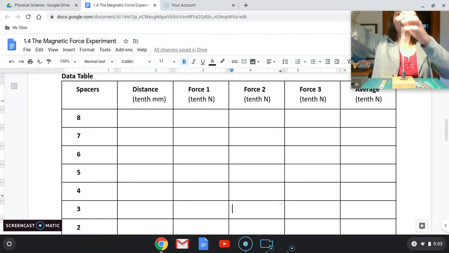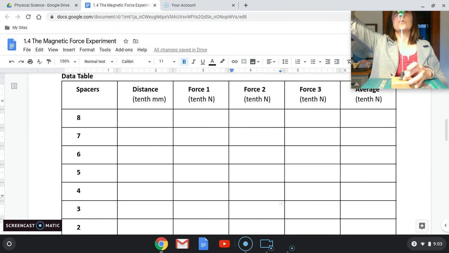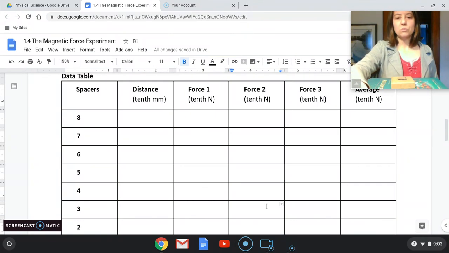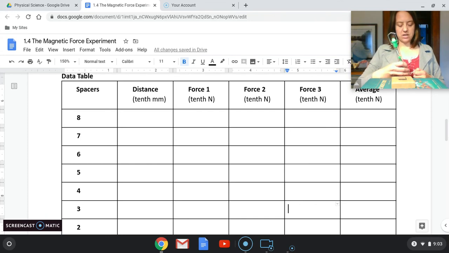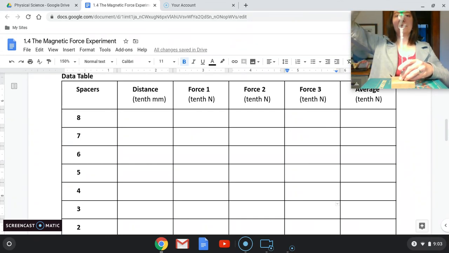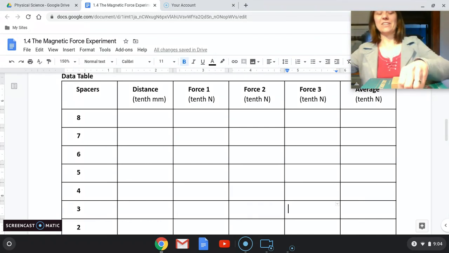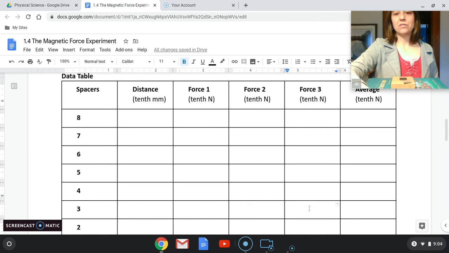Okay. So we've got 1, 1.5, 2, 2.2, 2.3, 2.5, and that was 2.5 newtons. So 2.4, 2.5 newtons. And then trial 3, we have 1, 2, 2.2, 2.3, 2.4, 2.5 again. 2.5 newtons.